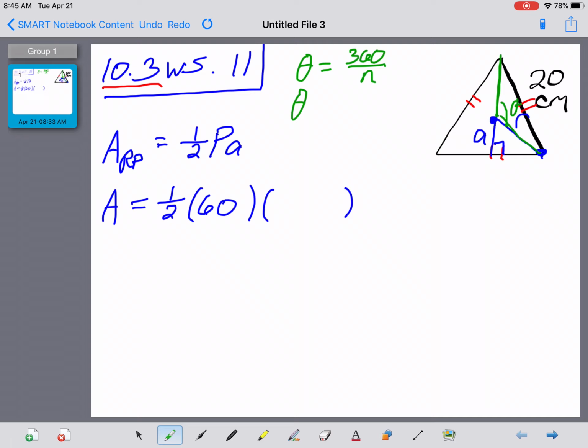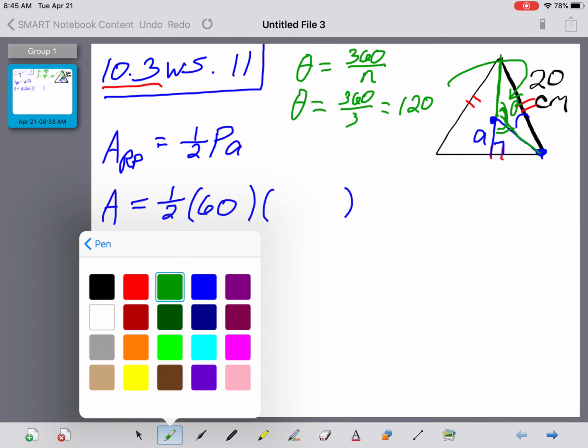Well, in this case, n is 3 because we're just dealing with a triangle here. So it's 360 divided by 3. Theta then is 120 degrees. That's the measure of this central angle right in here. This angle right next to it is always going to be half of theta. So I'm running out of room right here.